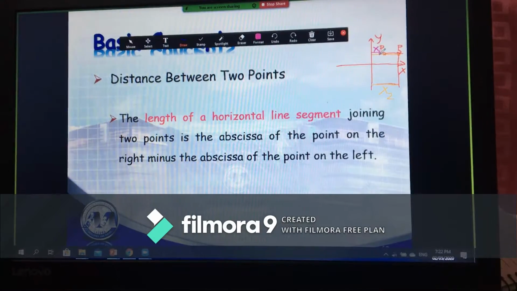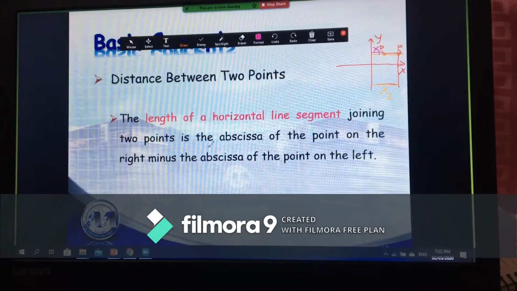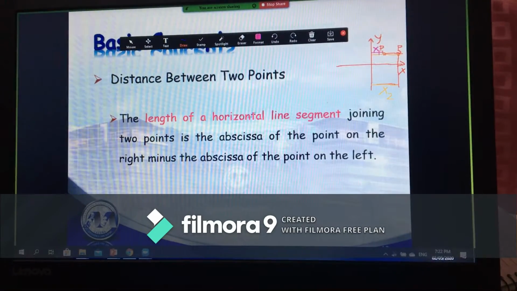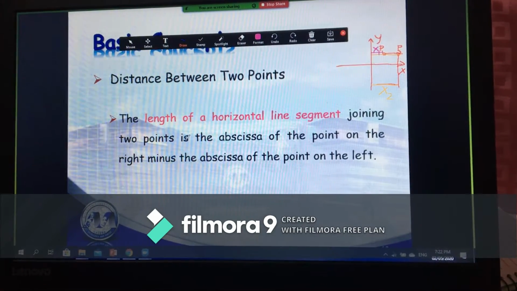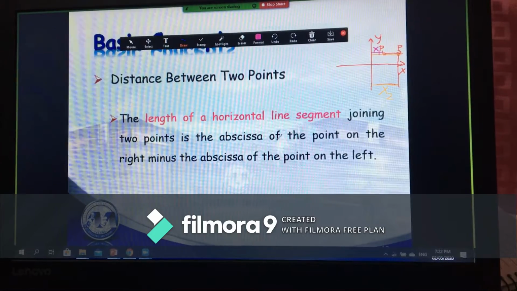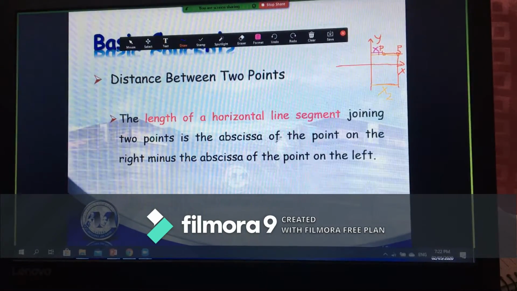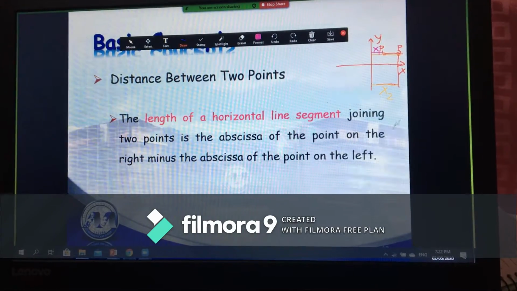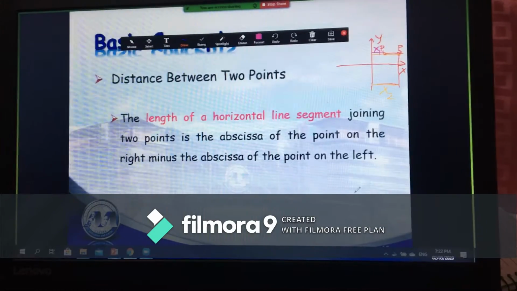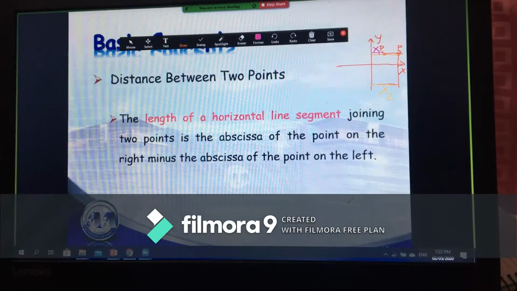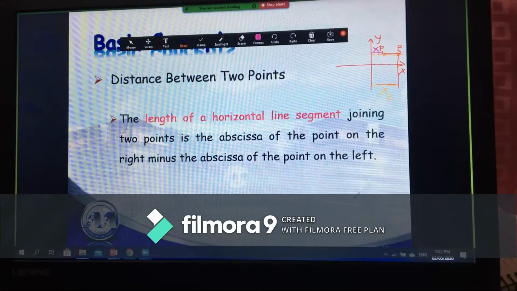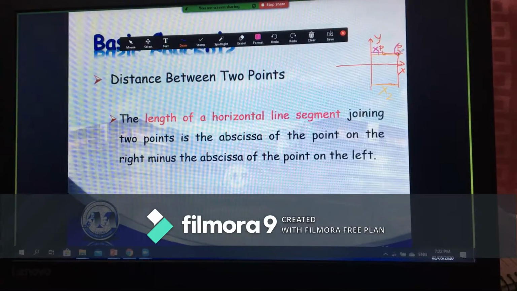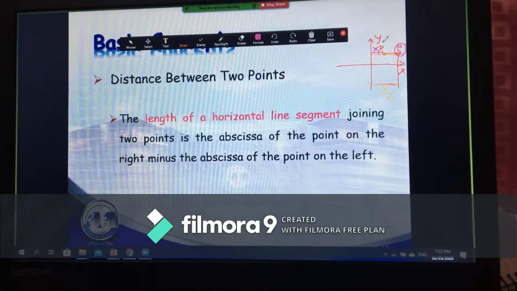So what it says here, class, is that the length of a horizontal line segment joining 2 points is the abscissa of the point on the right. So what is the abscissa of the point on the right? We have 2 points here, point P2 and point P1.